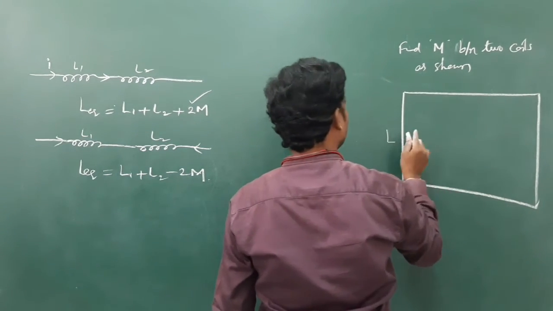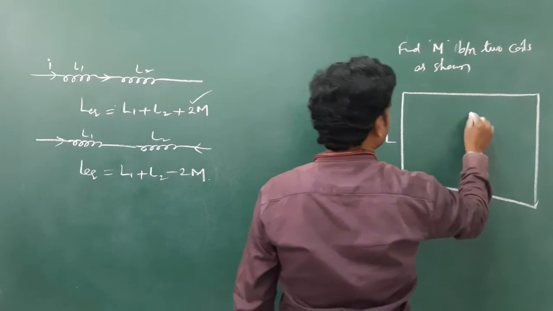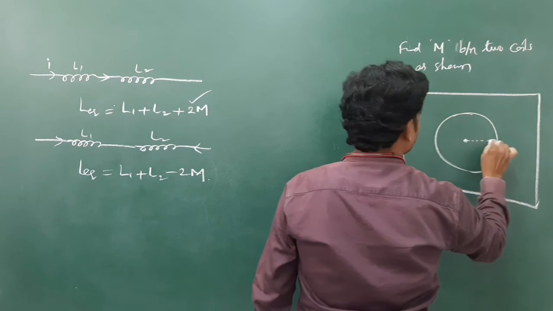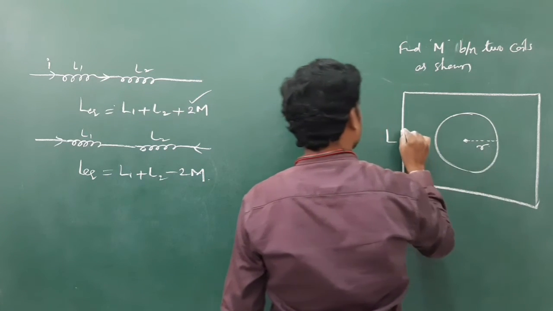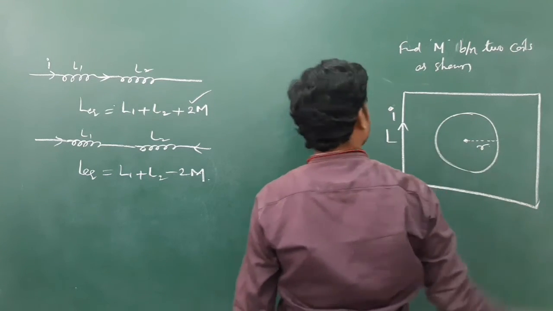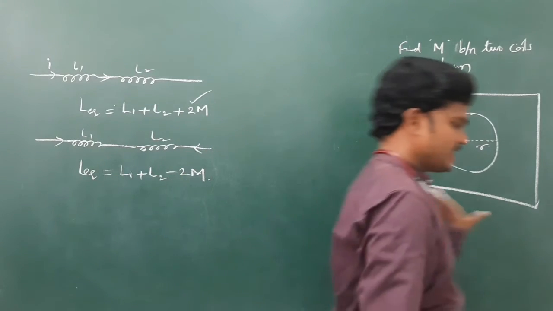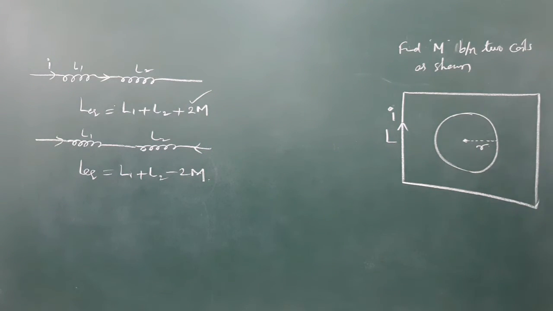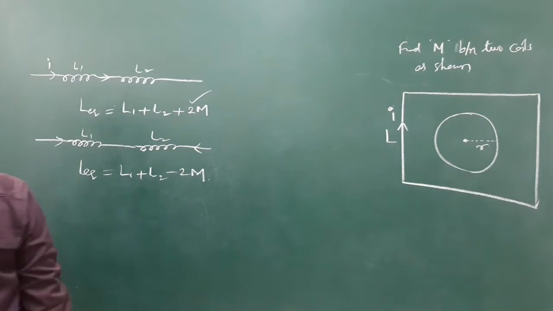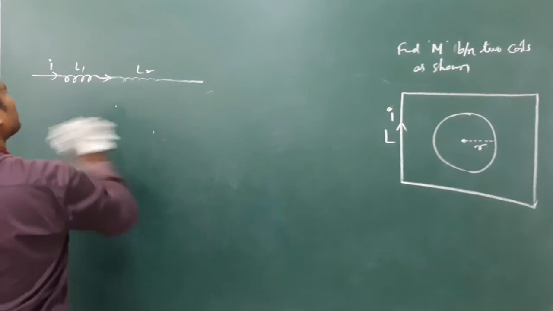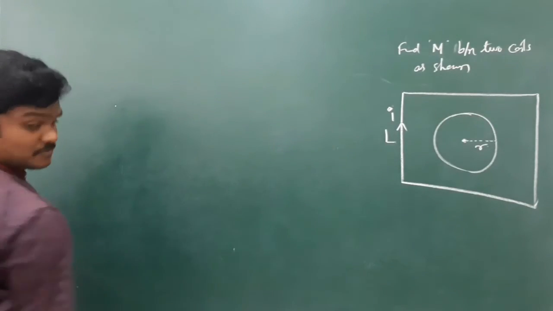One is a rectangular coil whose sides are given. Find the mutual inductance between these two. Try to find this one fast.